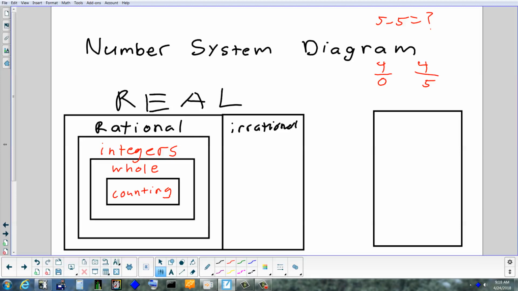And also, just to kind of explain how these blocks work and why I have one inside the other, if you think of them as places, okay, this will make sense in a second. Think of counting as a very specific place, let's say Boston. And then let's get more and more general. So as we go out to whole numbers, we get to Massachusetts. Integers could be the Northeast. Rational could be the United States.